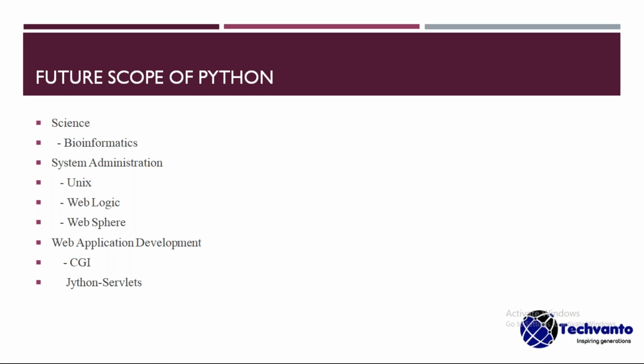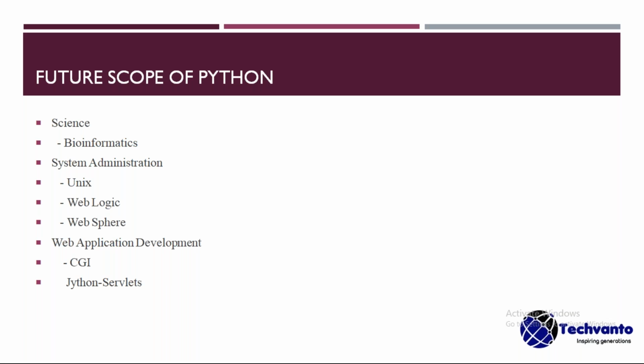Python can be used in science community field and system administration and web application development also. As you can consider in science community field, for example, bioinformatics, it is a role for scripting language in major software suites that may be freely available in scientific libraries. As you can consider system administration like Unix, WebLogic, and WebGL.